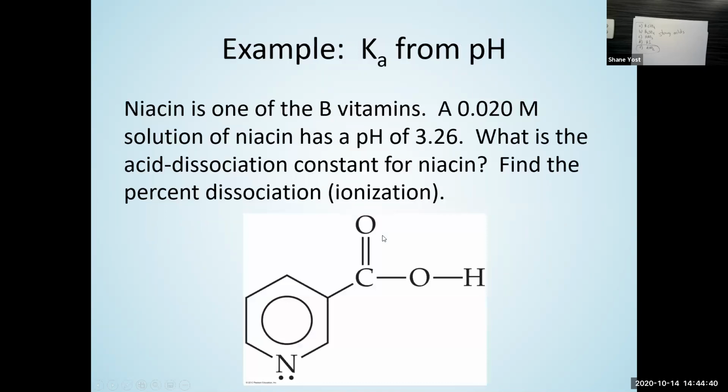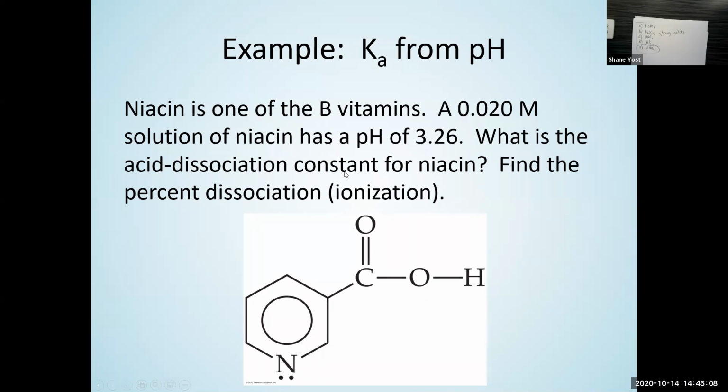And so this first question here, we have niacin, which is one of your B vitamins, and it is an acid. If I have a 0.02 molar solution of niacin, and I know that it has a pH of 3.26, the question is, what is the acid dissociation constant for niacin?